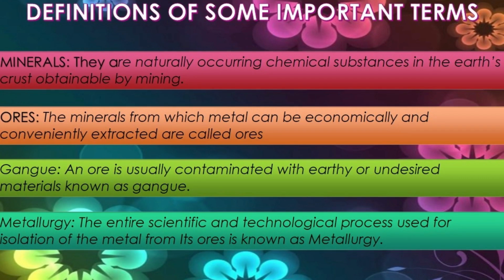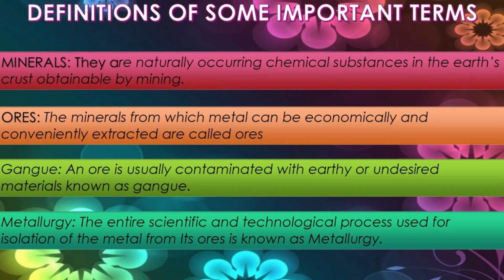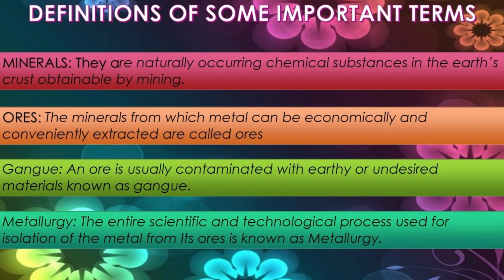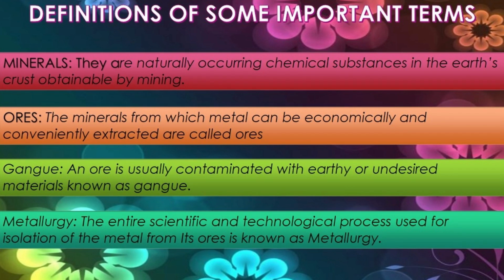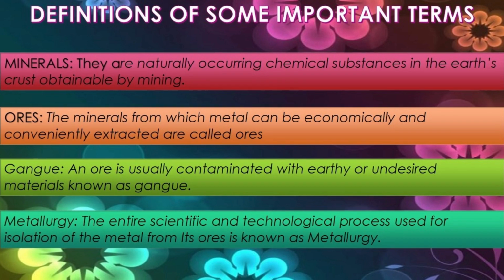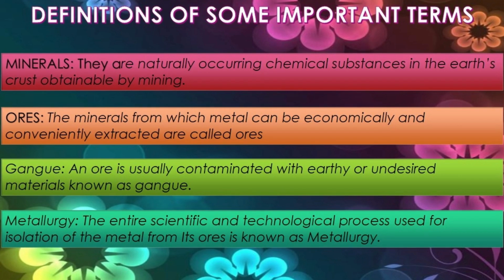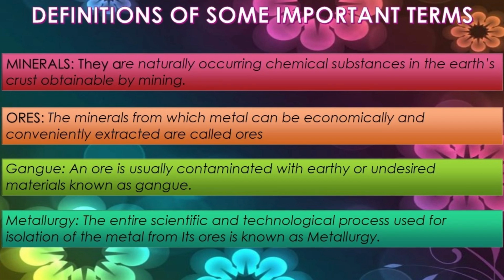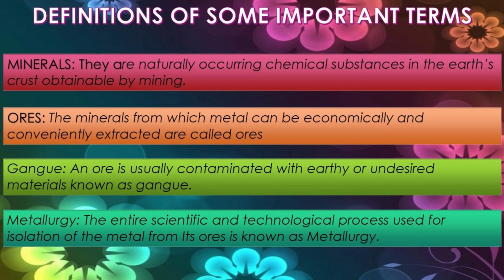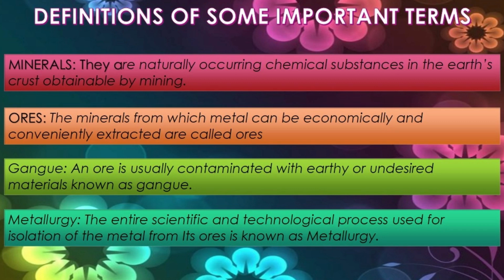Now we are going to learn the definitions of some important terms involved in this chapter. The first term is minerals. Minerals are naturally occurring chemical substances in the earth crust which are obtainable by mining. In other words, minerals are naturally occurring substances in the earth crust which contain the metal in free state or in the combined state, and from these substances, metals can be extracted by mining.